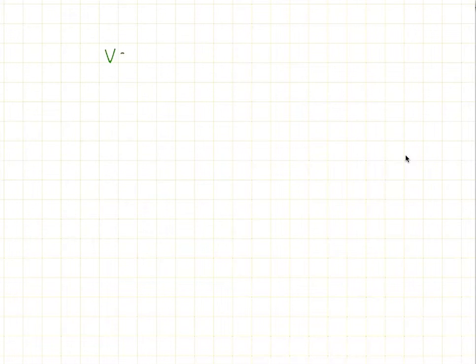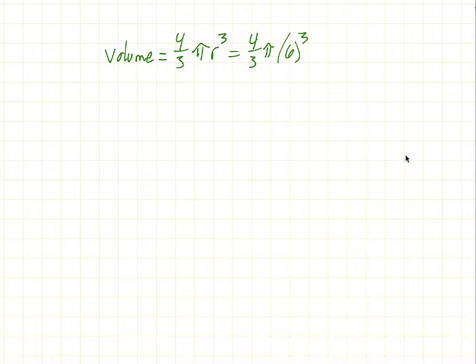So the volume of a sphere with radius 6 would be 4/3 pi r cubed, which in this case would be 4/3 pi times 6 cubed, which is going to be, when we multiply 6 cubed by 4/3, 288 pi.